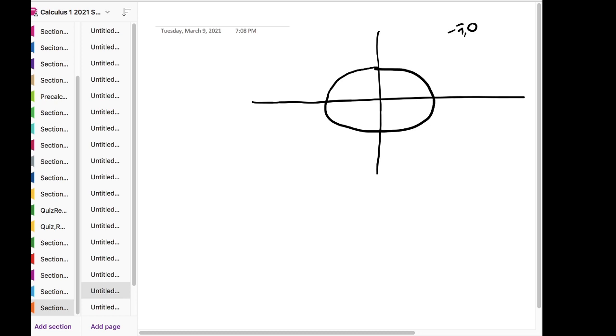So I'm going to paraphrase. You have this ellipse-shaped object, and you shine a light onto the object, and it casts a shadow.